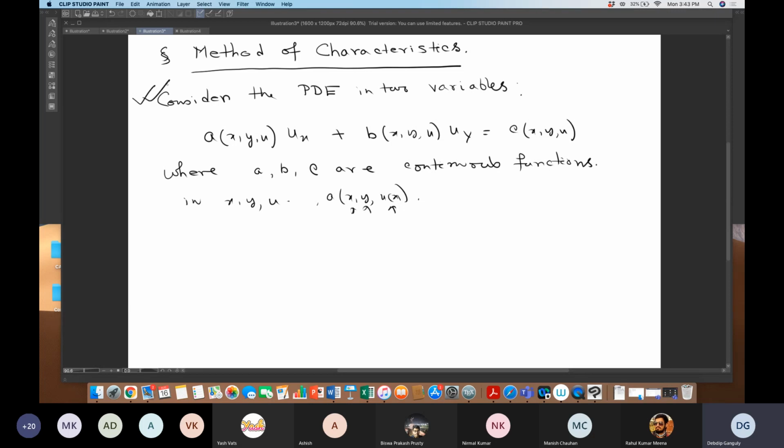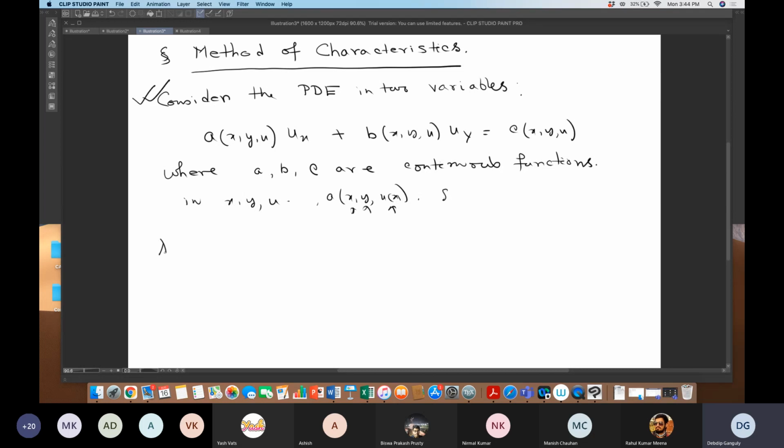We want to solve this PDE. Of course, when I am talking about solving some PDE, you need to prescribe some domain. Only the given PDE will not give it. It should have some boundary condition. Exactly.